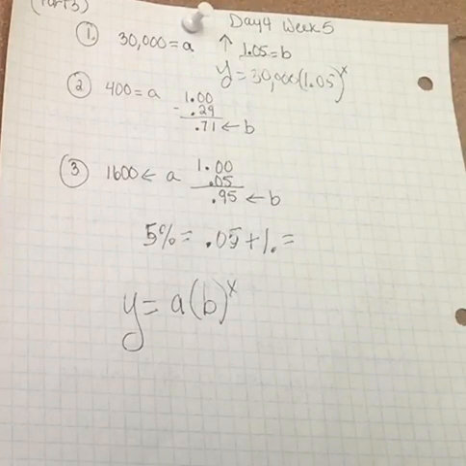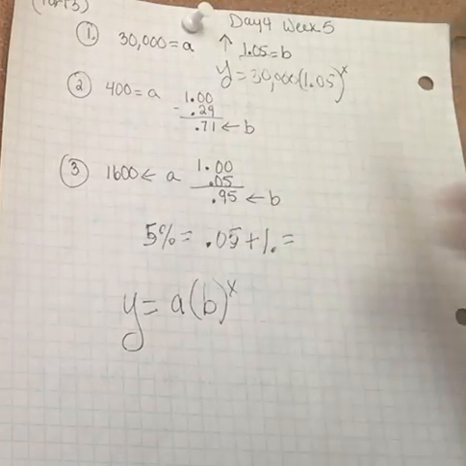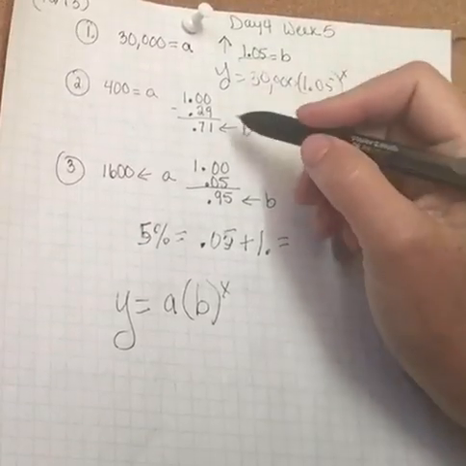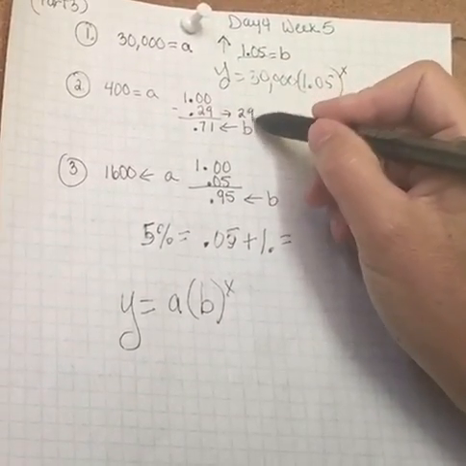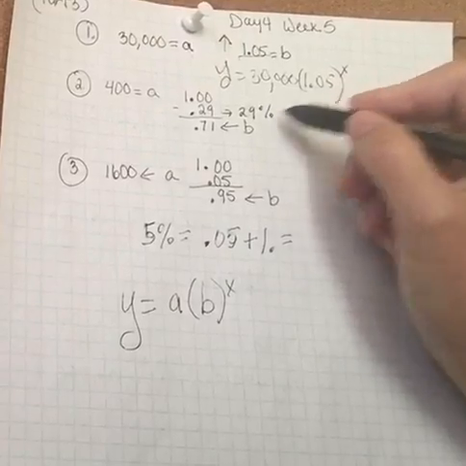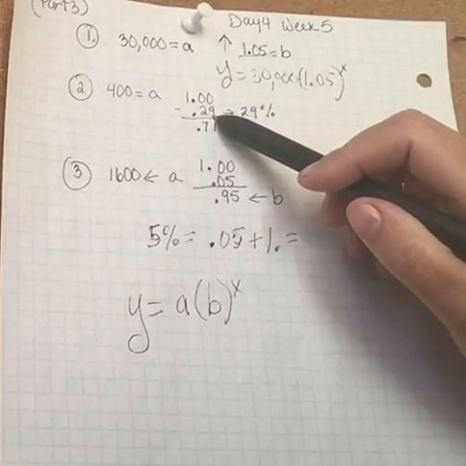Each hour, the amount of ibuprofen in the person's system decreases by about 29%. So this 0.29 represents 29%. If you remember though, we can't plug this in for our multiplier.